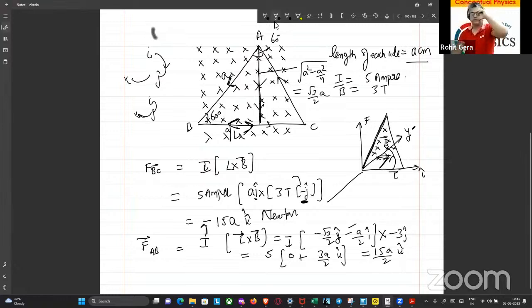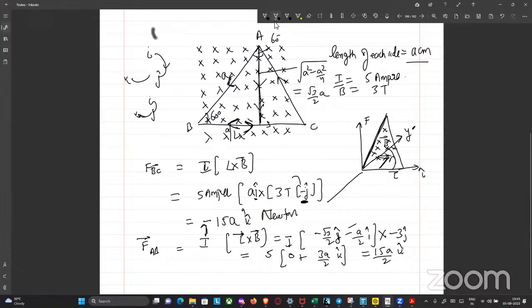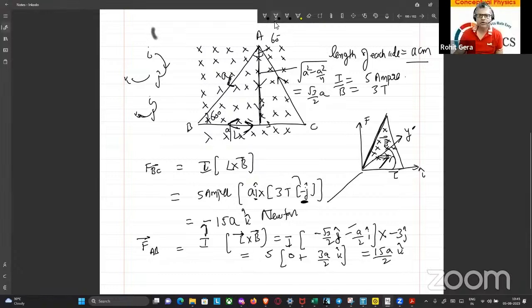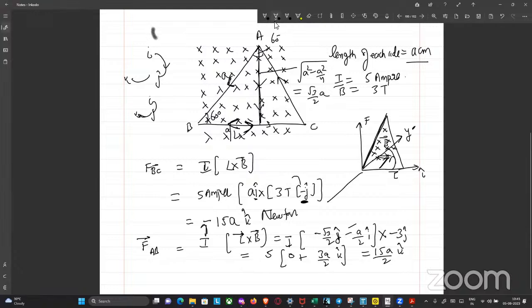Pure vector multiplication, nothing great. Standard, did not give it too much thought.